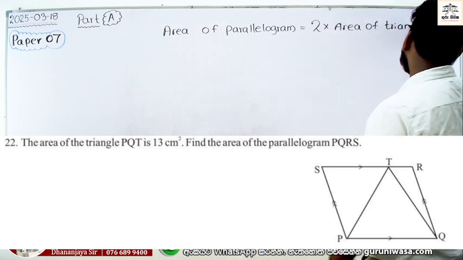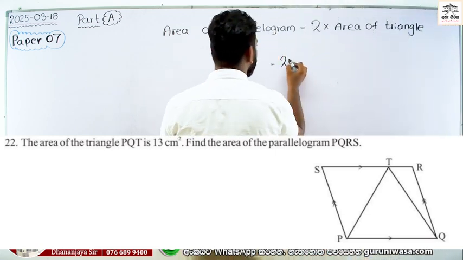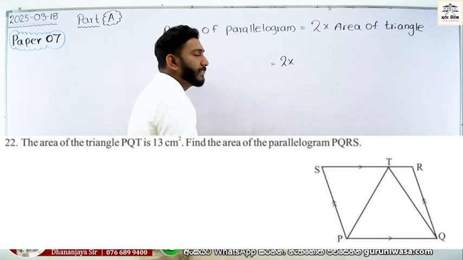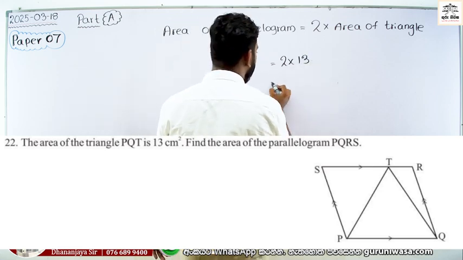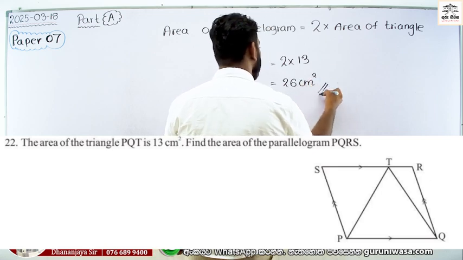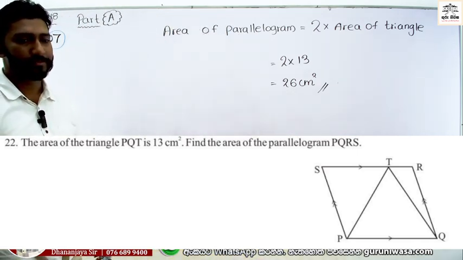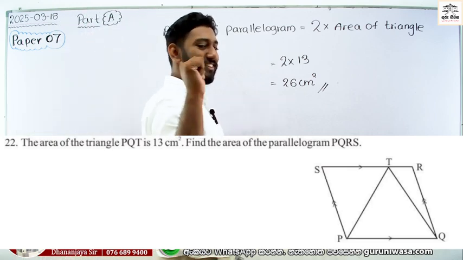And this is a theorem, right? Therefore, the answer becomes 2 multiplied by 13. Then the answer becomes 26 cm squared. This is the answer. You got it?